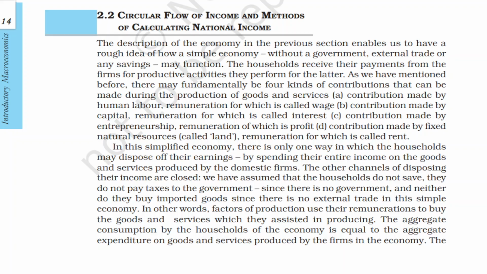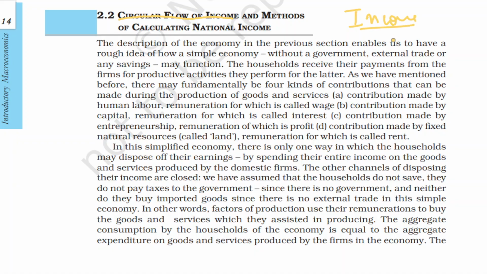Okay, so let's continue with today's topic, that is circular flow of income and its methods of calculating national income. Right, as the name suggests, circular flow of income. According to you, what will it be? It is basically how your income is circulating and coming back to you, right?